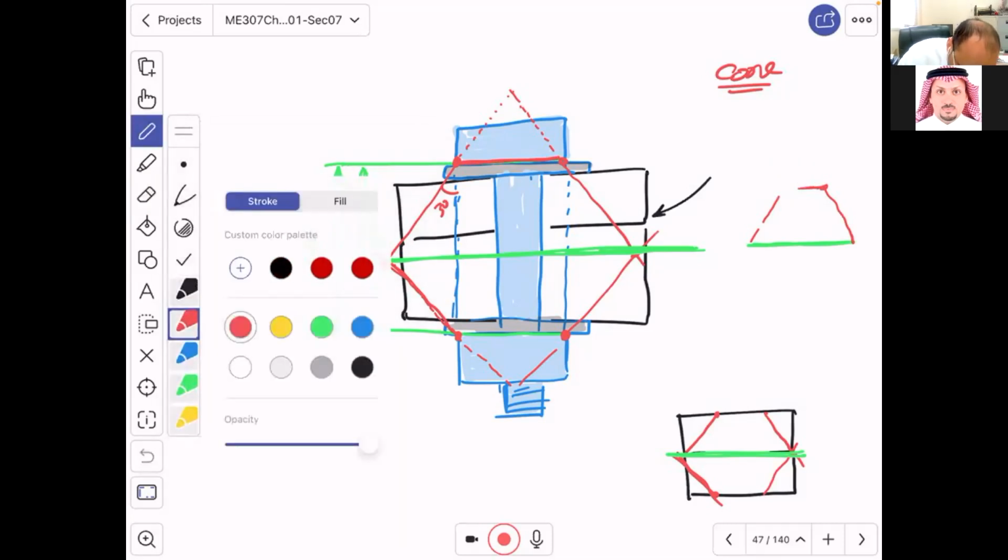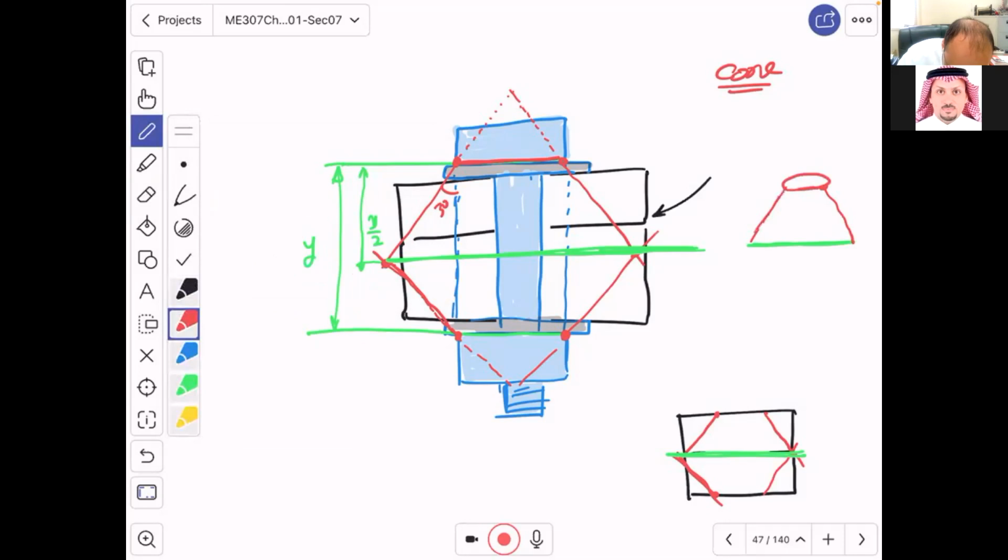A cone is like this, you know? But without this end. This is called a frustum. Frustum, guys. Frustum. If you have multiple frustums, we call them frusta. Frusta, okay? This is the plural of a frustum.